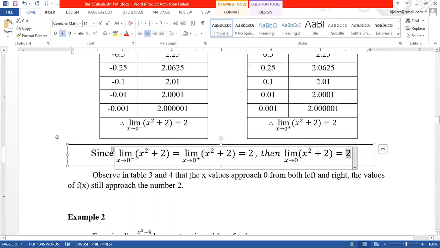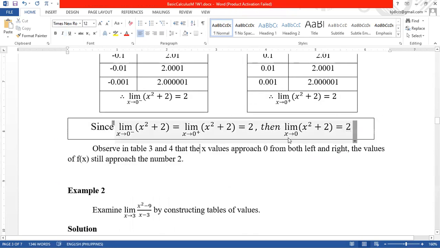So observe in tables 3 and 4 that as the x values approach 0 from both the left and right, the values of f of x still approach the number 2. That is how we answer it.